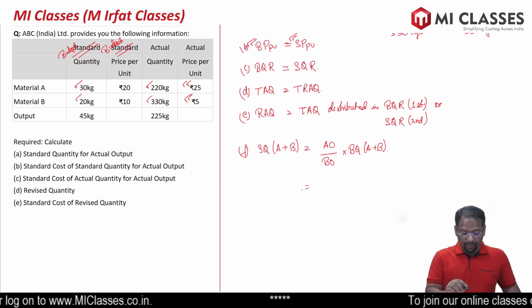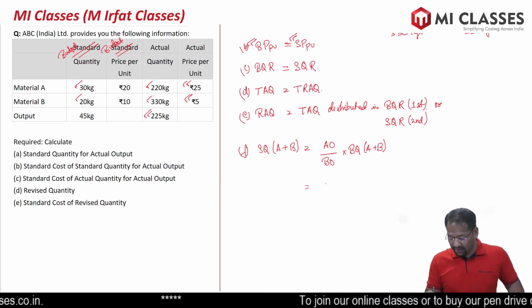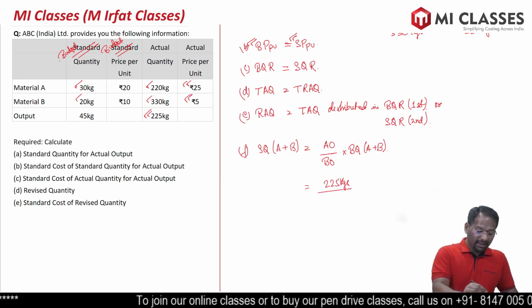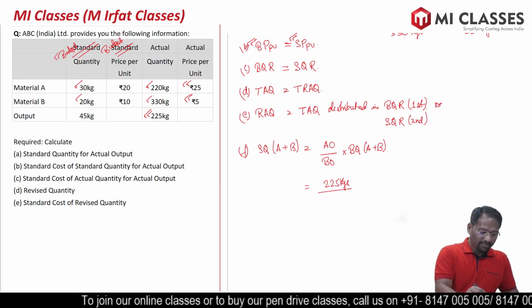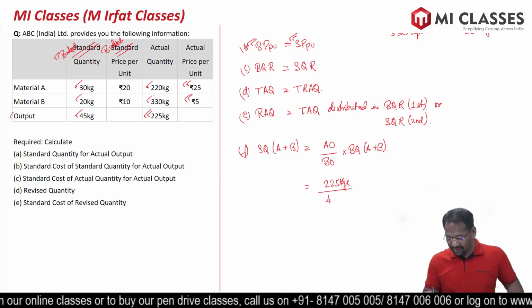Actual output is always given in the actual column, which is 225 kgs. This is my actual output divided by budgeted output. Budgeted output is in the budgeted column, and it is 45 kgs.